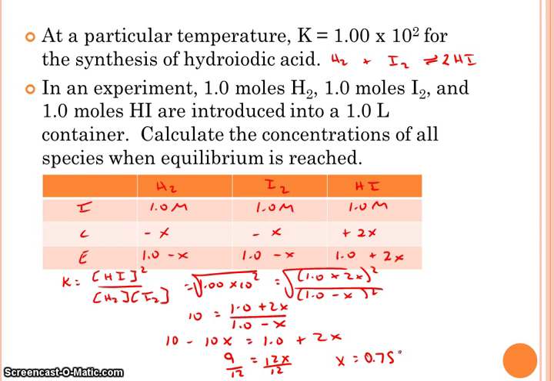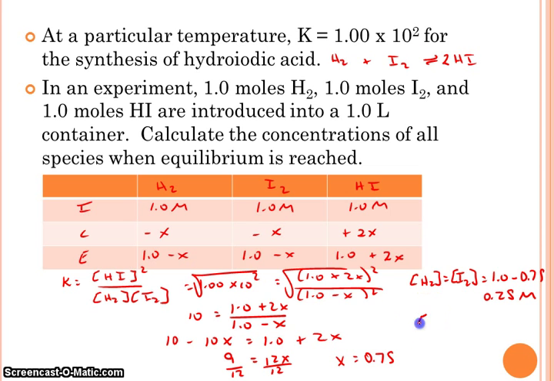The question wants to know what are the equilibrium concentrations. So for hydrogen and iodine, they're both 1.0 minus X, which is 0.25. So their concentrations are going to be 0.25 molar at equilibrium.